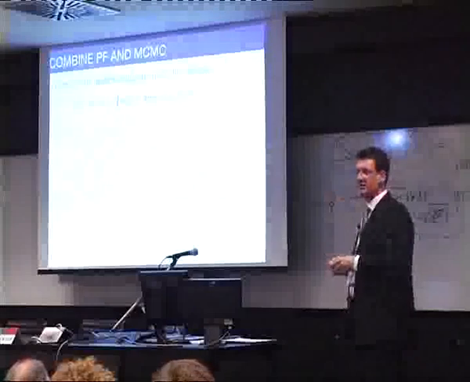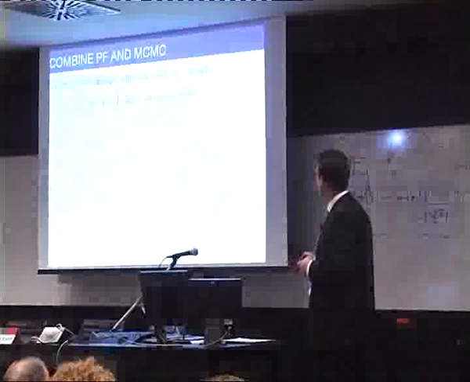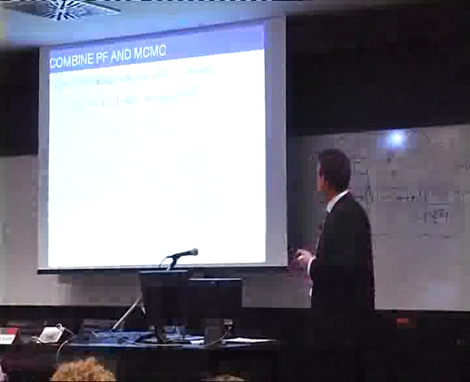So all this machinery now gives me a possibility for how I might address that nonlinear estimation problem. I want to compute, or I need to compute, this prediction density, which by the law of total probability is given by this. And via a particle filter, I can get random draws from this prediction density here.